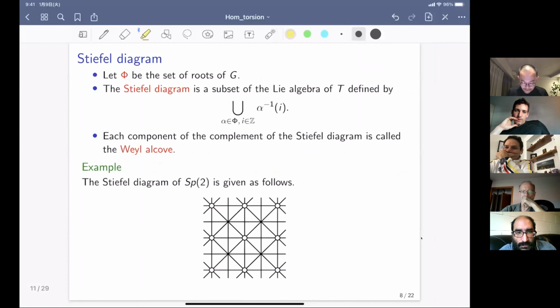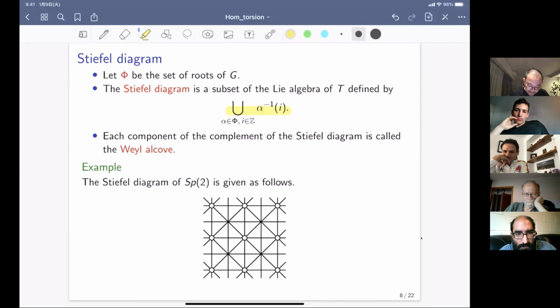Let's first fix the notation, the Stiefel diagram. Let Phi be the set of roots of G. Then we can define the Stiefel diagram of G by the union of alpha inverse of I, where alpha is a root and I is an integer.